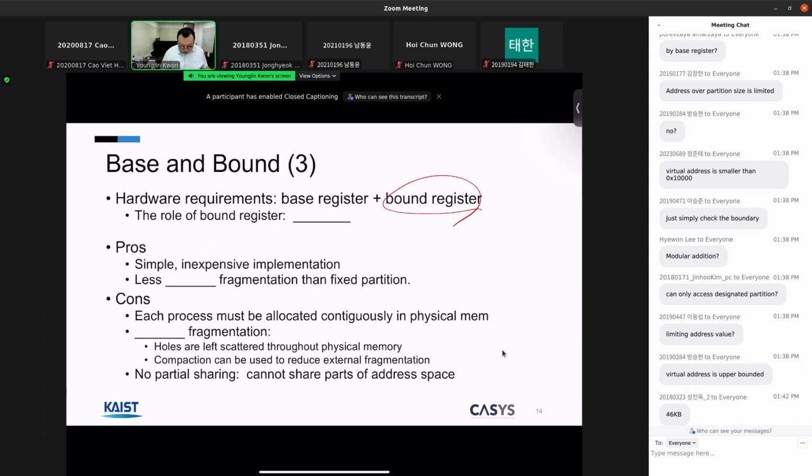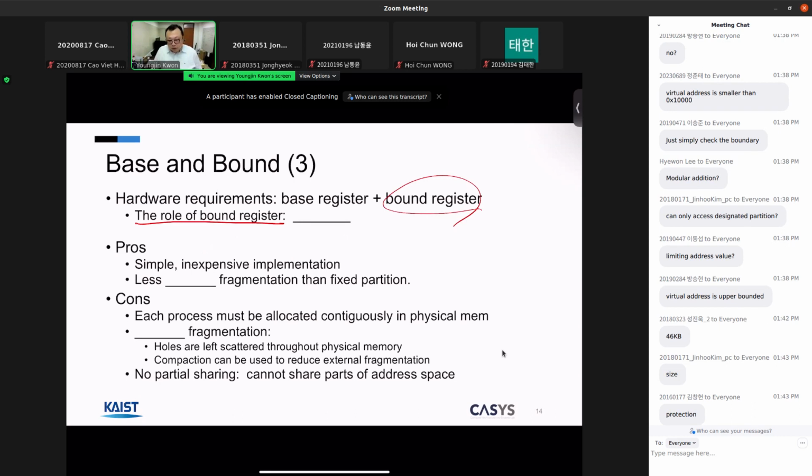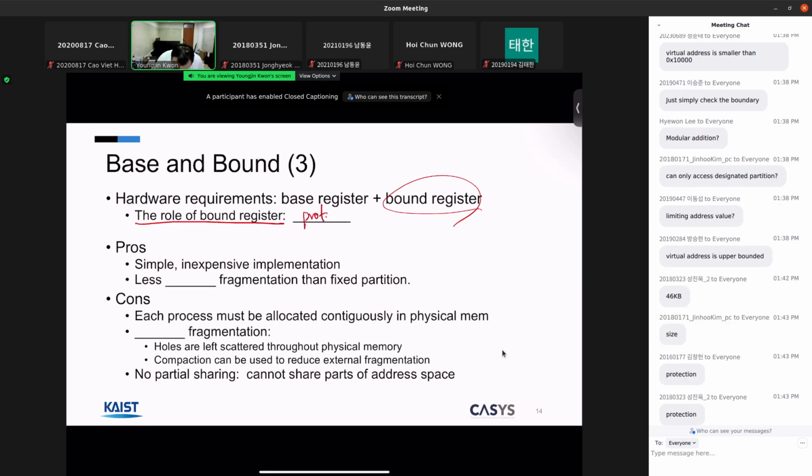Okay, so again, what is the role of the bound register? What is the basic role? Protection. Okay, variable length protection. Okay, pros: simple, still very inexpensive compared to later mechanisms, like paging, and less fragmentation than fixed partition.